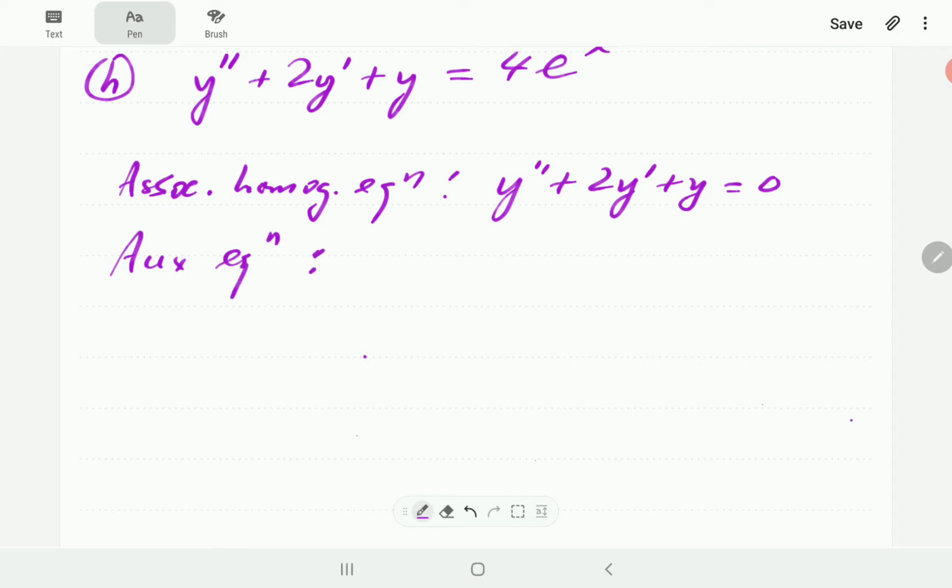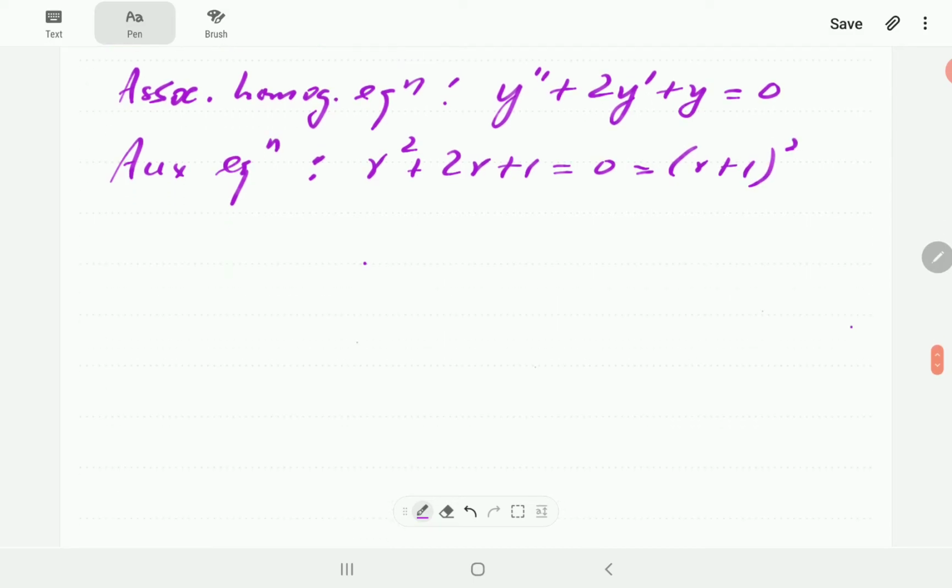Its auxiliary equation is going to be r squared plus 2r plus 1 equal to 0. This factorizes to r plus 1 all squared. So that means we've got a double root, r is negative 1. Therefore the complementary solution is going to be k1 plus k2 x, times e to the minus x.